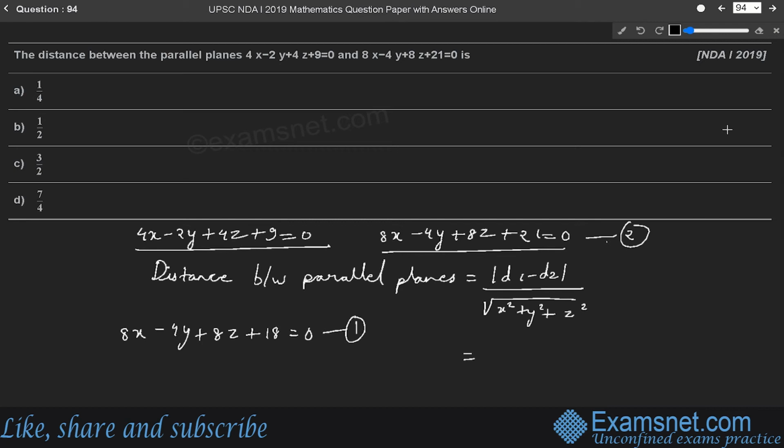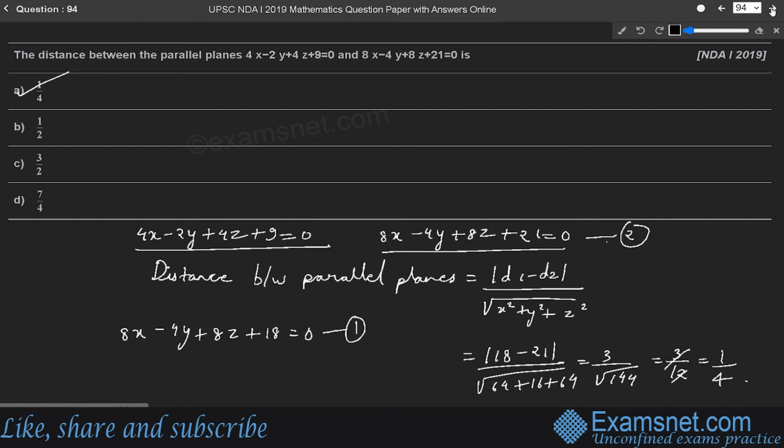So the distance between parallel planes will be mod of 18 minus 21 upon under root of 64 plus 16 plus 64, which will be equals to 3 upon under root of 144, which will be equals to 3 upon 12, which gives 1 by 4. So this is the distance between the parallel planes. So the correct option here is option number A, which is 1 by 4.